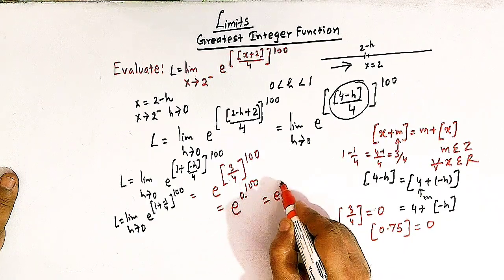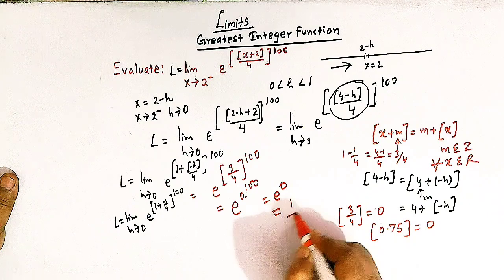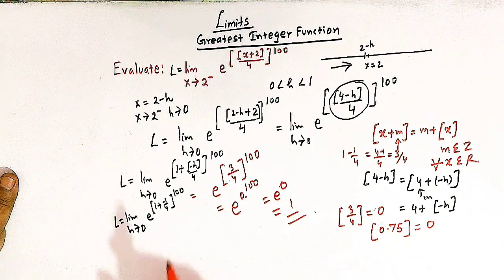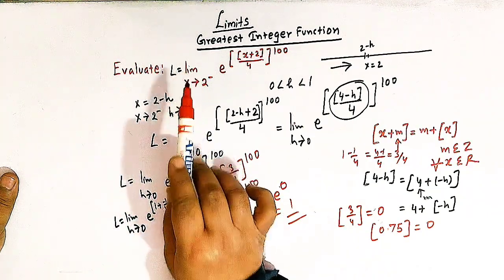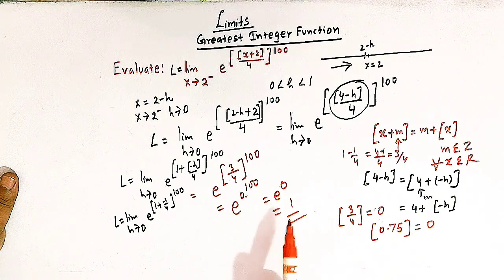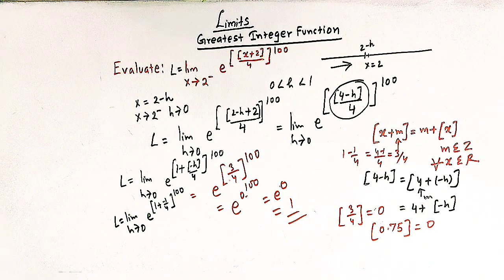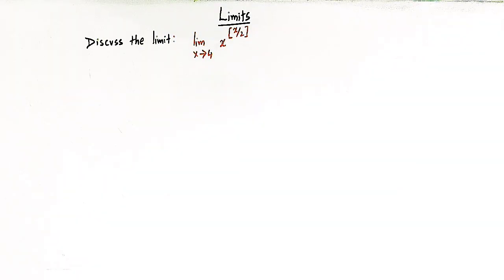So we have now e raised to 0, that is equal to 1, right? So the limit of this function is equal to 1 when x approaches 2 from the left of x is equal to 2.